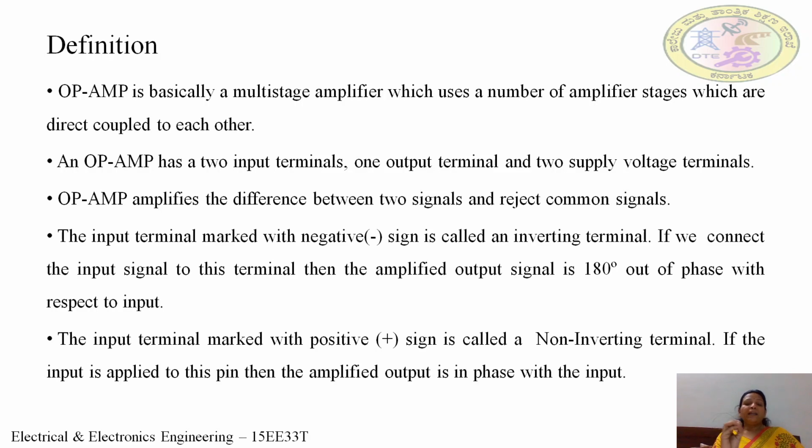So without using any coupling capacitors, we couple the multiple stages directly. Couple means connecting. Usually in transistor amplifiers you might have seen, why do we consider multi stages? In order to obtain more amplification, more gain. So we connect multi stages. When connecting multi stages, most of the time we use capacitors for coupling different stages of an amplifier, as you might have seen with a transistor used as an amplifier.